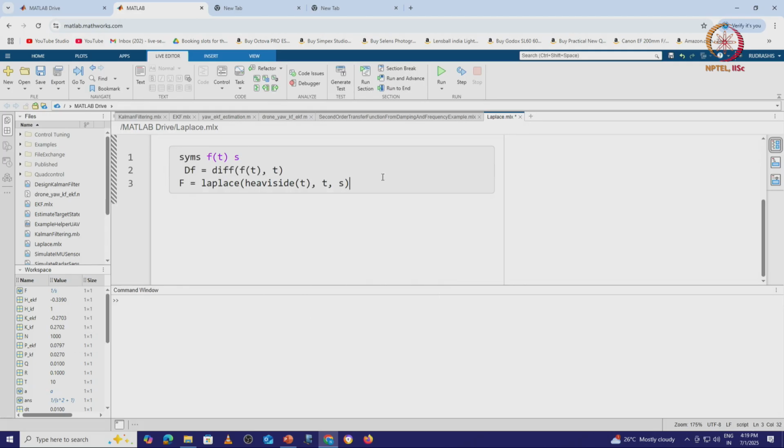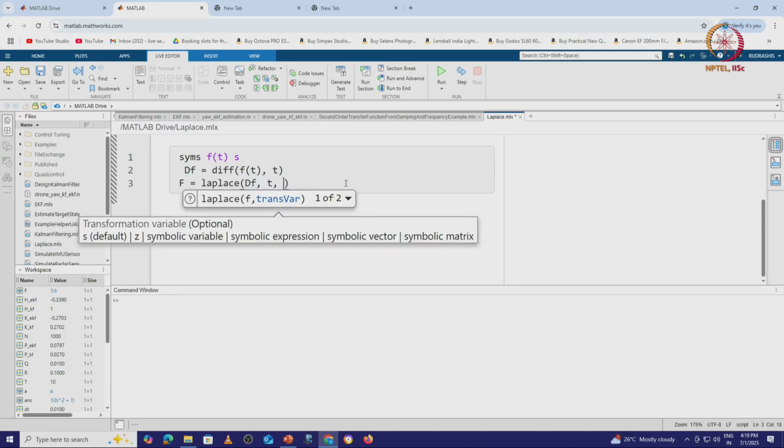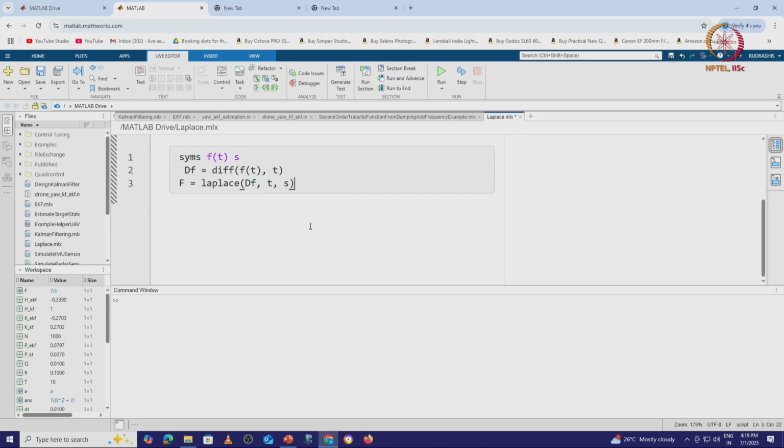When we take this function's Laplace transform, we have to write it like this: F equal to Laplace of df(t), s.